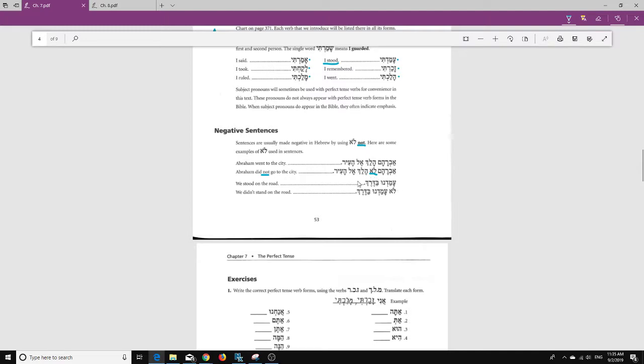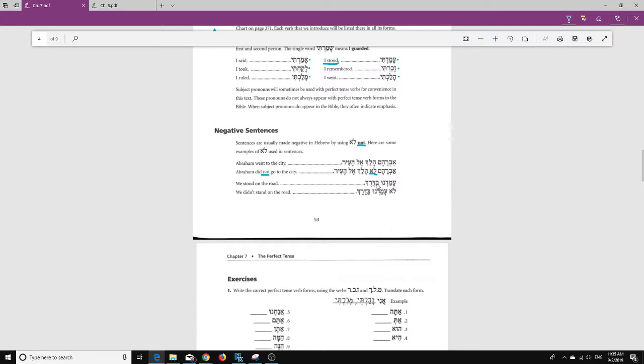So there's a lot going into this sentence, but we've already learned it all, so hopefully you're tracking with me. Let's break it down just a little bit before we move on to the negative. Amadnu, this is ayin, mem, dalet, to stand, and it's that first common plural, so amadnu, we stood.